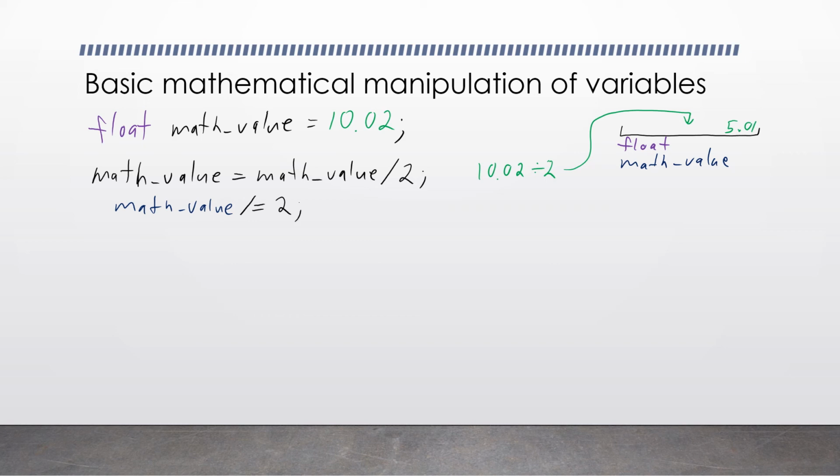And it will take mathvalue, divide it by 2, and then set it equal to the answer. There are similar operators for plus equal, minus equal, divide equal, times equal, and if you're working with integers, there's even a percent equal, which takes the remainder of the division operation. Okay, we'll talk more about math in C in another video.